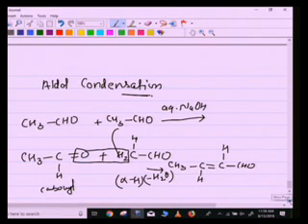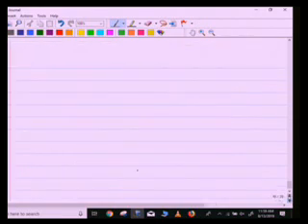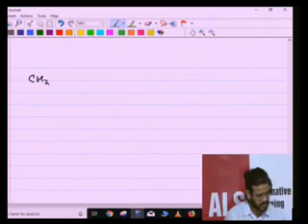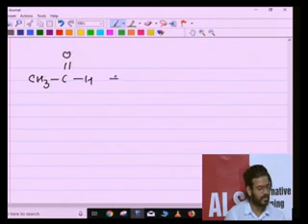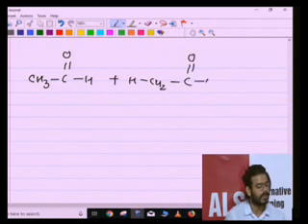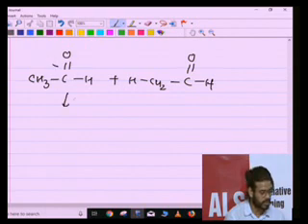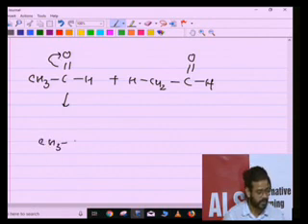This is the basic compound. I have two molecules. The first one is CH3C double bond O H, and the other one is CH2H C double bond O H. If I dissociate this carbonyl part, it will form CH3 CO negative and H plus.